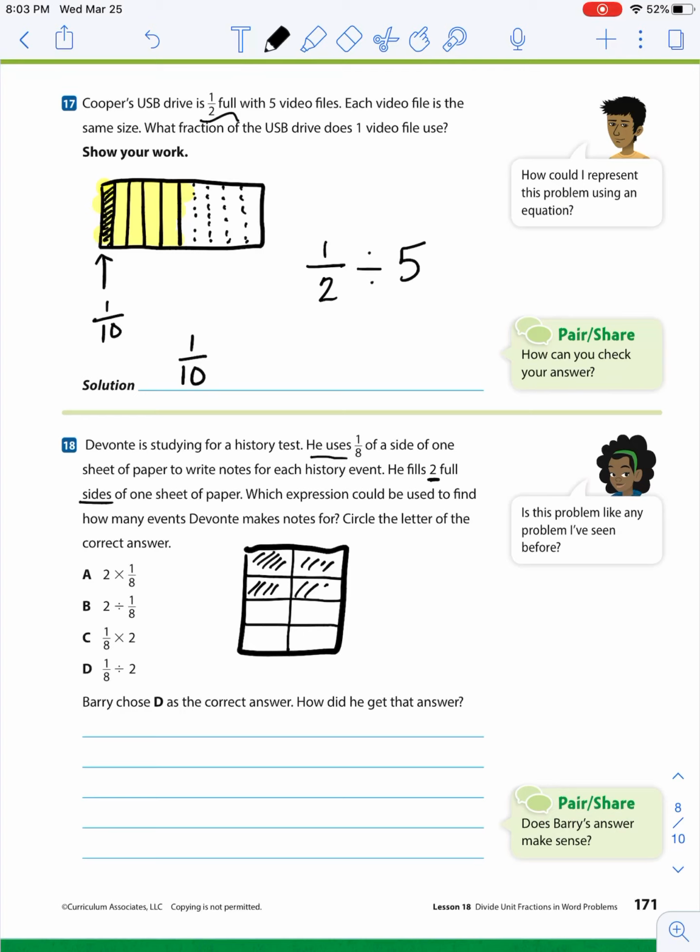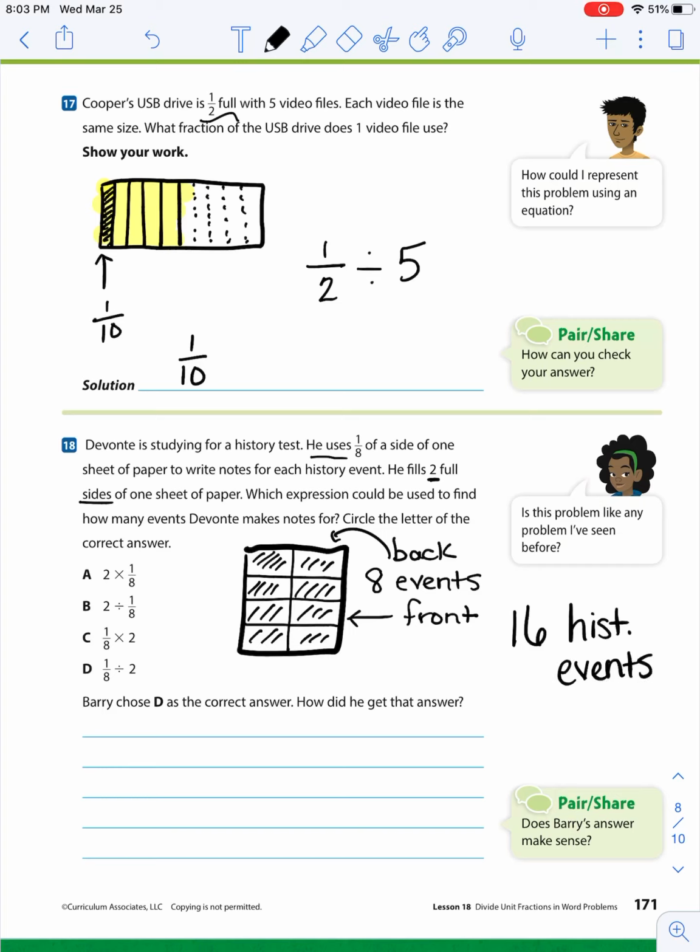So on one side of a sheet of paper, he's able to write about 8 events in history. He fills 2 full sides of one sheet, so he filled the front and the back in the same way. That says he can put 16 historical events on one sheet of paper.